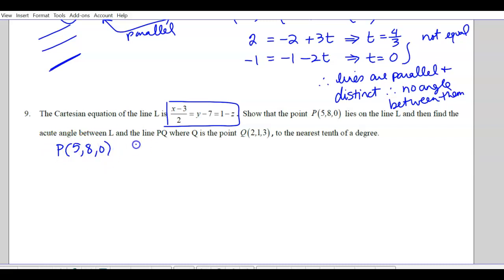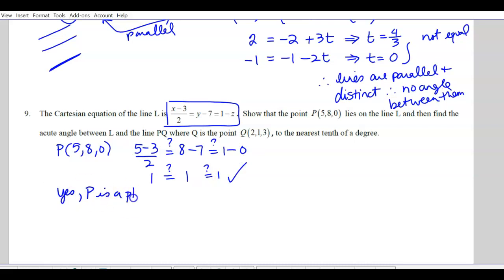If I substitute 5 in, I'm going to check if that's equal to 8 minus 7, and check if that's equal to 1 minus 0. So that's 2 over 2, which is 1. That's 1, and that's 1. So yes, P is a point on L.